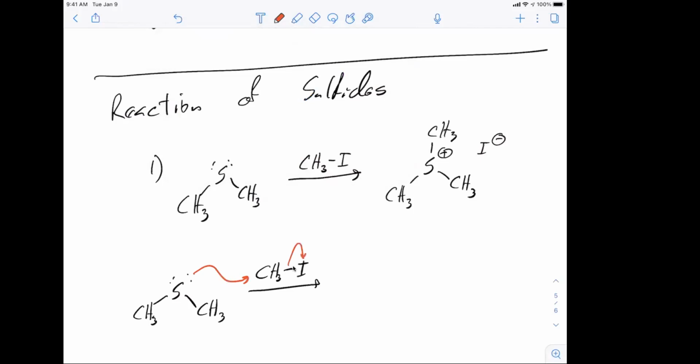The anion is going to be more nucleophilic, but even the lone pair on the sulfur is going to be more nucleophilic than oxygen, right? So this is a more nucleophilic species than oxygen.